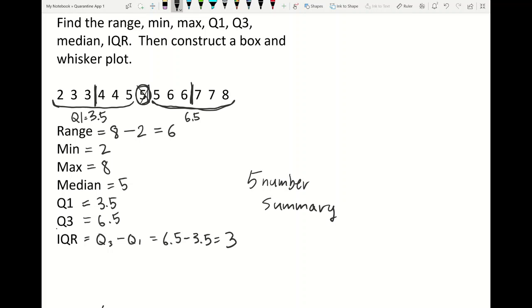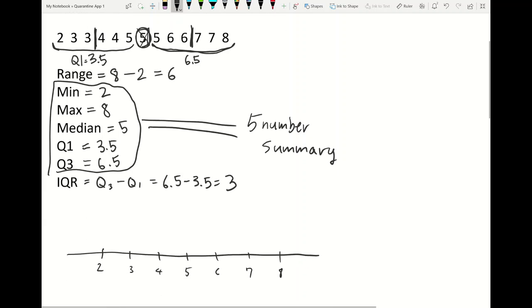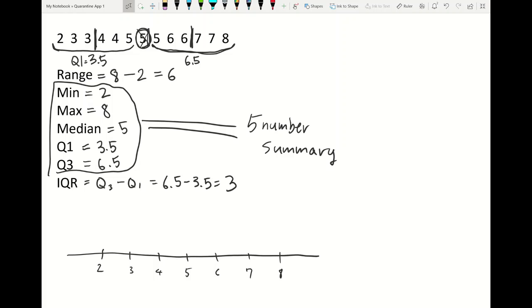Now, those minimum, maximum, median, Q1, and Q3 are called the 5-number summary, which are basically the building blocks of a box and whisker plot. So let's construct the plot. All you need to do is identify those 5 numbers. The minimum is 2. Let's make a little marking there.